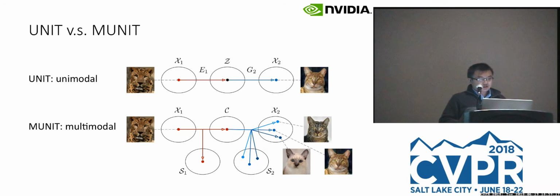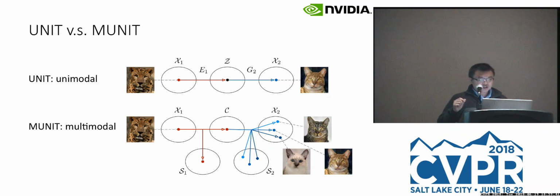So, when we have an input image from the first domain, say here is a leopard, we extract a content code and a style code. Once we extract the style code, we just throw it away, and now sample different style codes from the style domain of the domain 2 images.